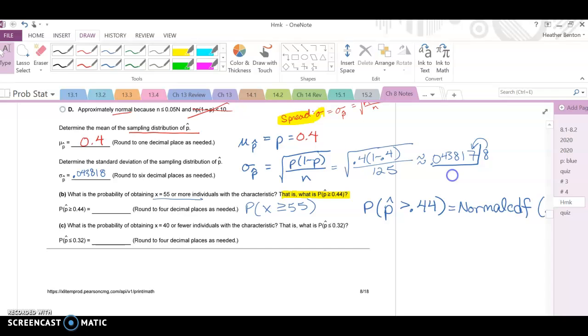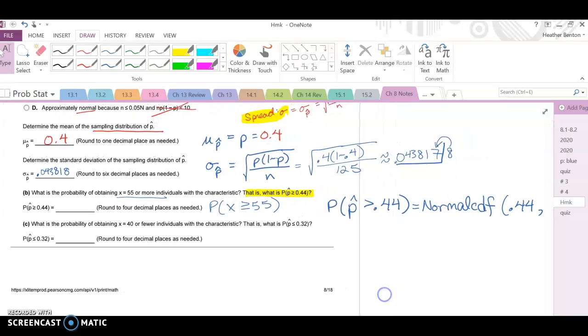It came from the fact that we're really dealing with p hat more than a specific quantity like 55. And p hat, my friends, is a proportion. It's a ratio. It's a fraction. So this is 55 out of 125, which is, guess what, 0.44. So that's where that number came from.